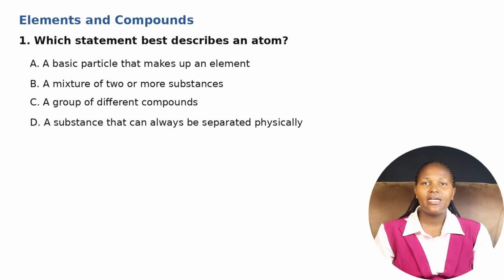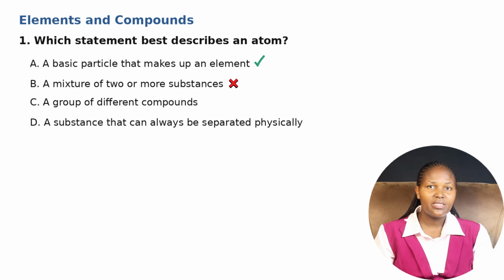So the correct answer is option A, a basic particle that makes up an element, because an atom is one of the basic building blocks of matter, and an element contains only one type of atom. For example, copper is made up of copper atoms, and oxygen is made up of oxygen atoms. Option B states a mixture of two or more substances.